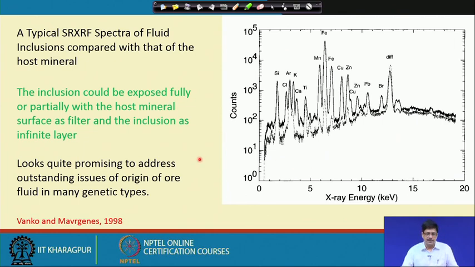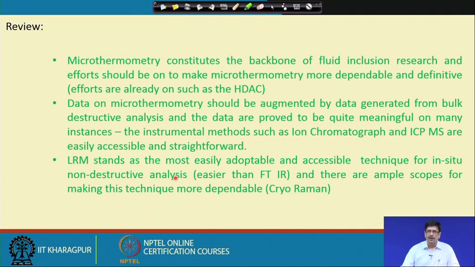So, these are some of the techniques which are currently in practice for analysis of inclusions, essentially with an objective of augmenting the data that we generate by our microthermometric experiments.